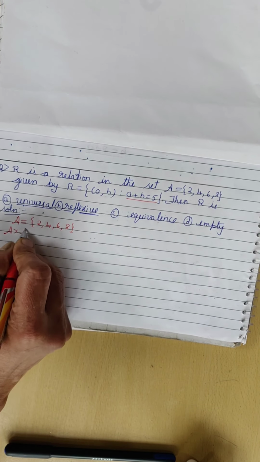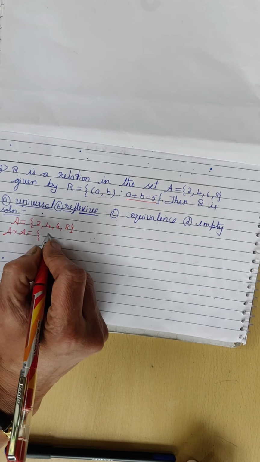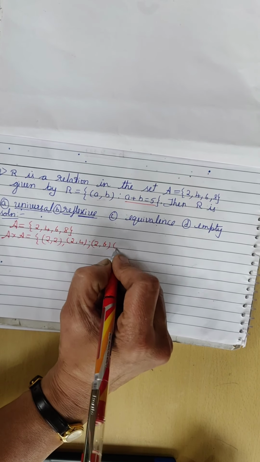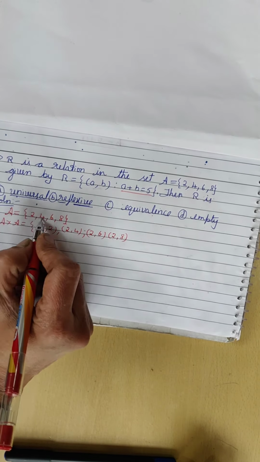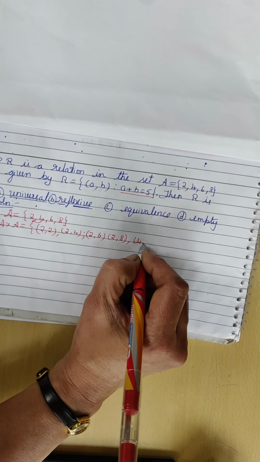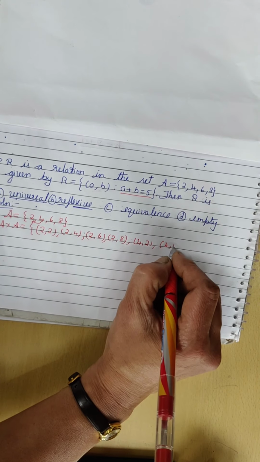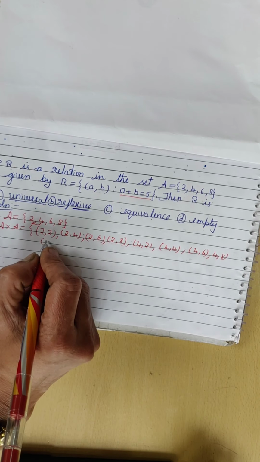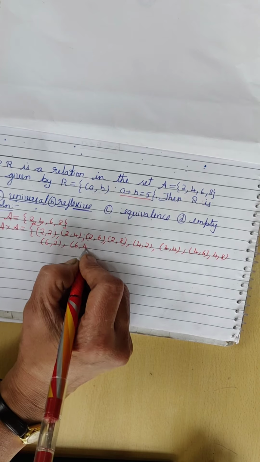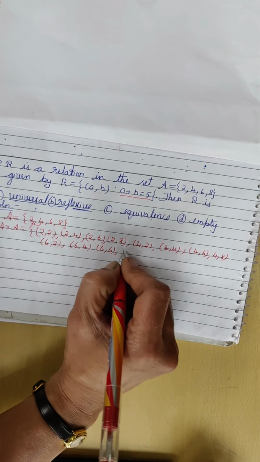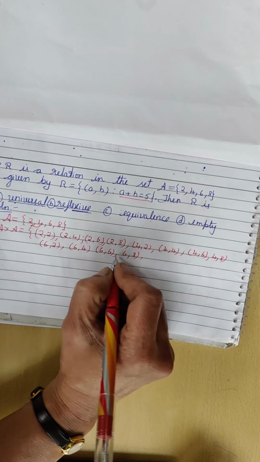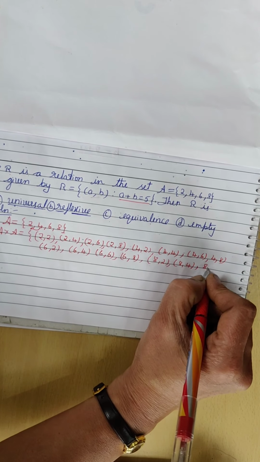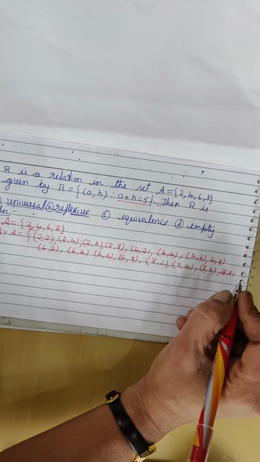So we need to find A cross B. It is (2, 2), (2, 4), (2, 6), (2, 8), then (4, 2), (4, 4), (4, 6), (4, 8), then (6, 2), (6, 4), (6, 6), (6, 8), and (8, 2), (8, 4), (8, 6), (8, 8).